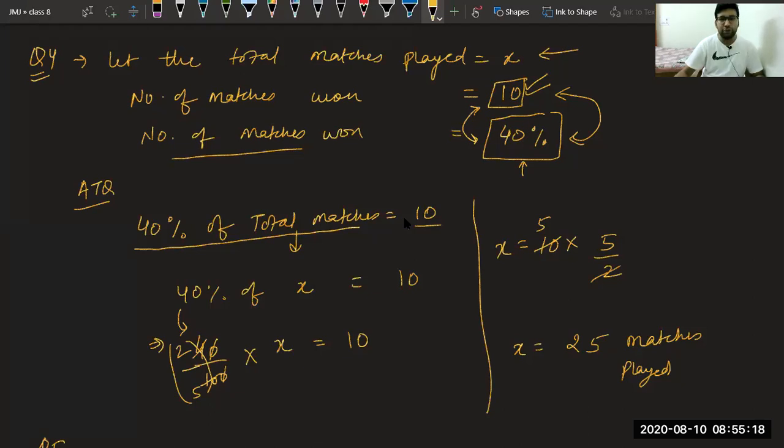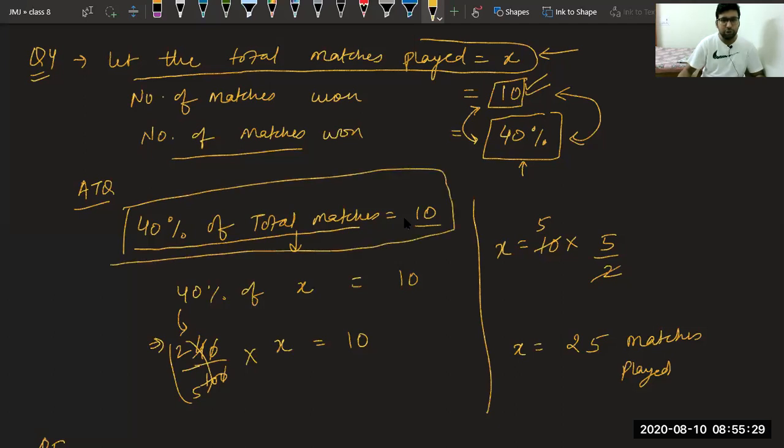So we first assumed the total number of matches equal to X, and then we formed the equation. The equation part was very easy because it is given that 40% of total matches is equal to 10. From this, I formed this equation. Prisha, go through this one more time. It is very easy. You just have to understand the question properly and then form the equation.